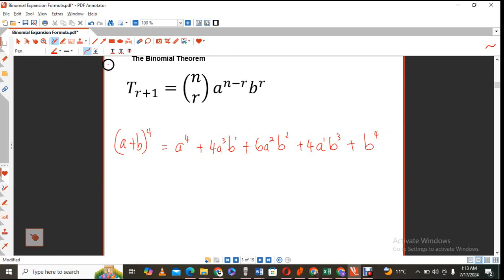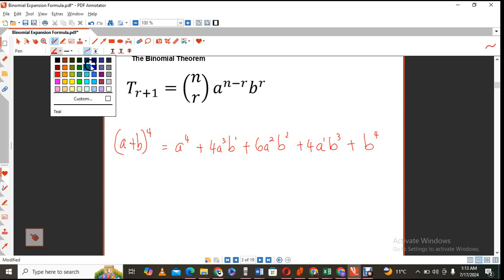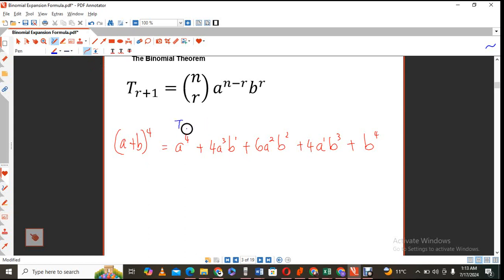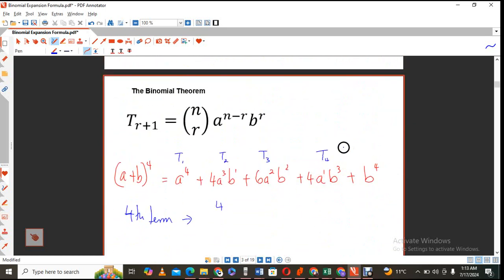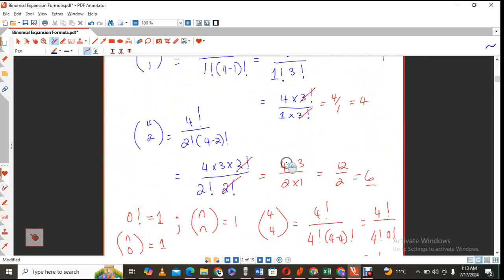Very important. The reason why I'm rewriting this is I want to explain a certain scenario. Do you realize that this is the first term, and this is the second term, and this is the third term, and this is the fourth term? So if I was to ask you to find the fourth term, what would be the fourth term, for example? You would be saying, okay, that means 4 choose r, because remember this fourth term is 4ab cubed.